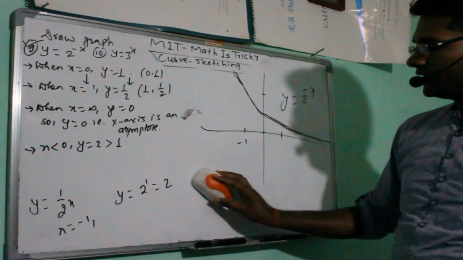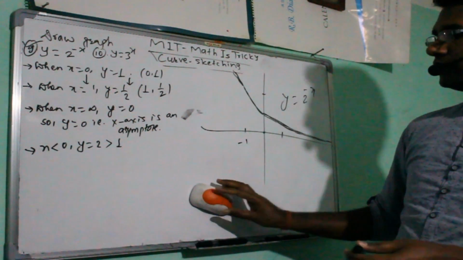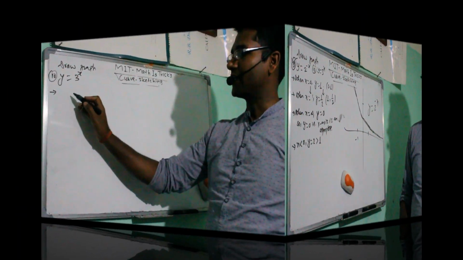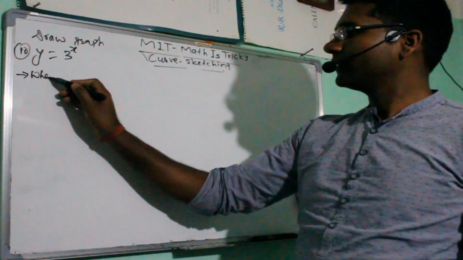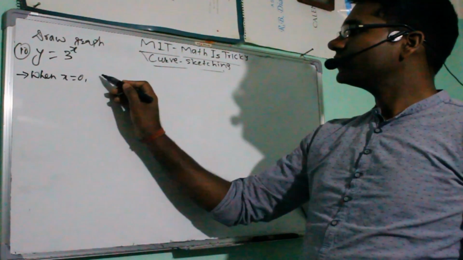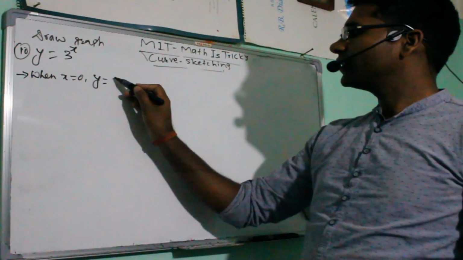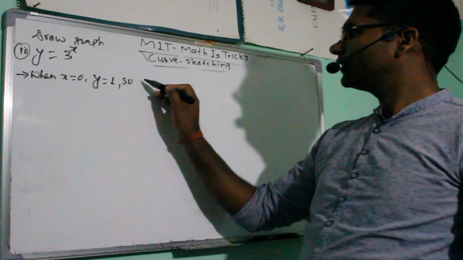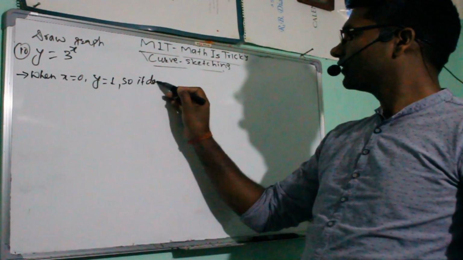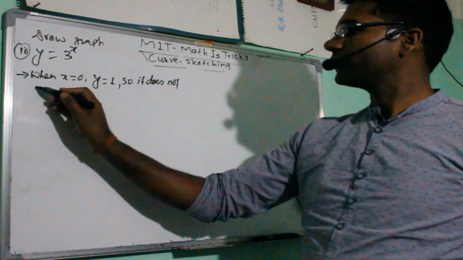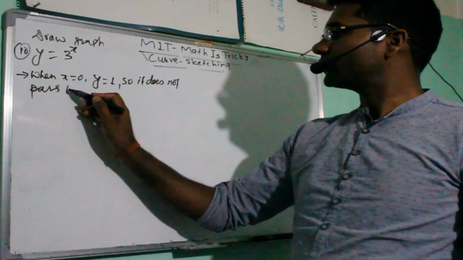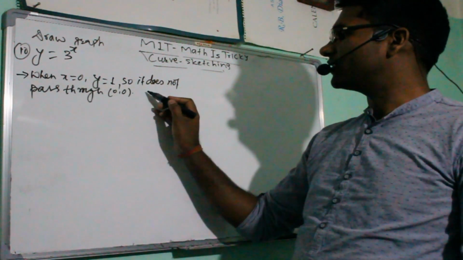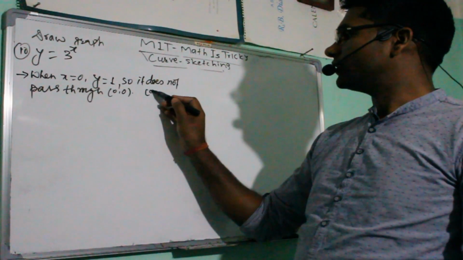This is first. So now with the given information, from all this information we can say that for 3 power x, when x equals 0, y equals 3 power 0, which is 1. So it does not pass through the origin. It passes through 0, 1.